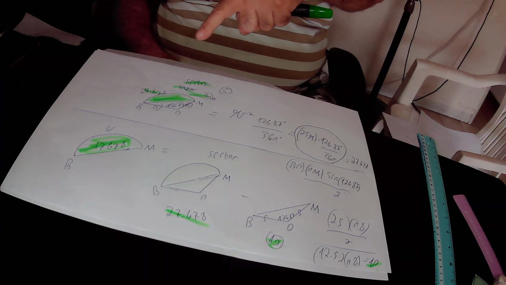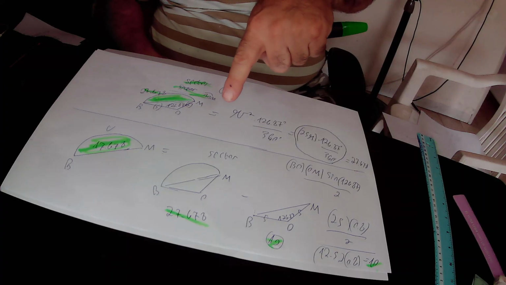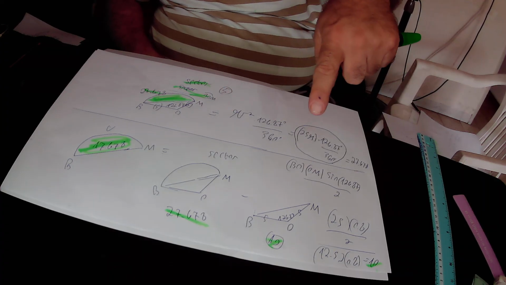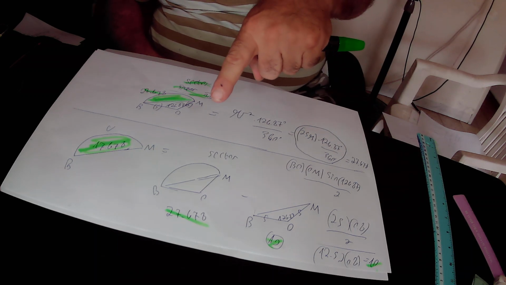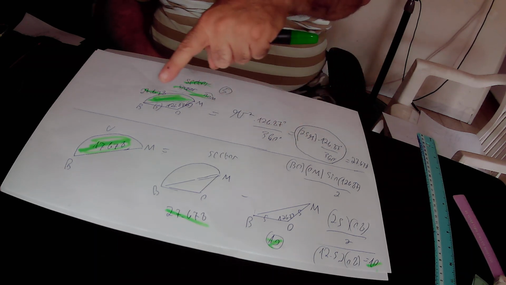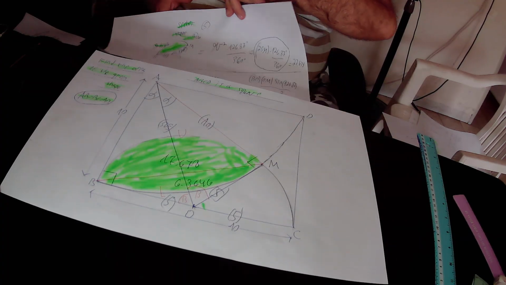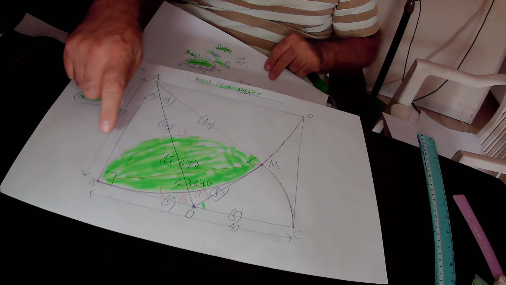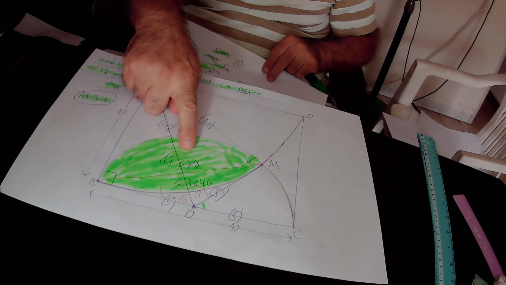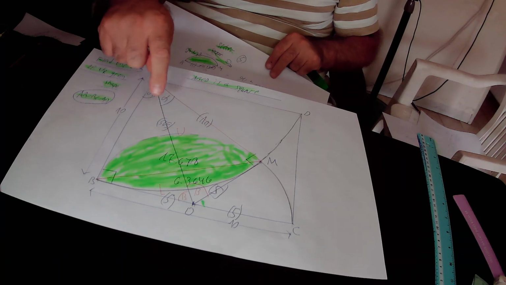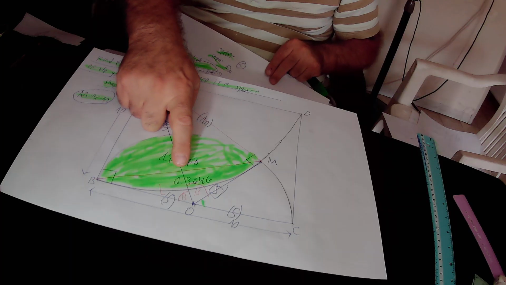So in total, the area of this upper segment BUM equals the area of sector BOM, that is 27.678, minus the area of this triangle BOM, that is 10. 27.678 minus 10 is 17.678 square units in size. So we found that the area of this upper segment BUM equals 17.678 square units, and we previously found that the area of the lower segment MLB is equal to 6.3646 square units.